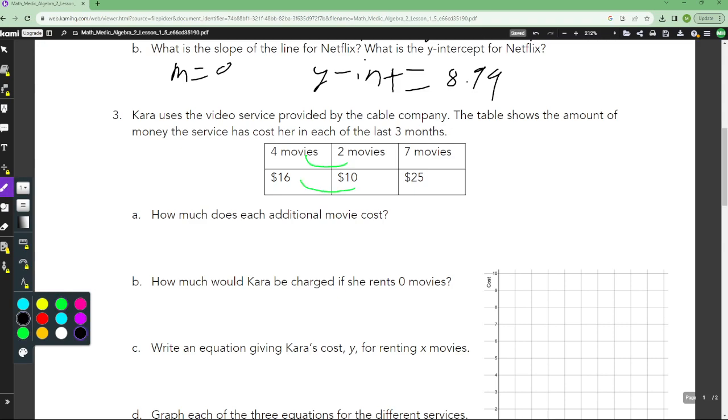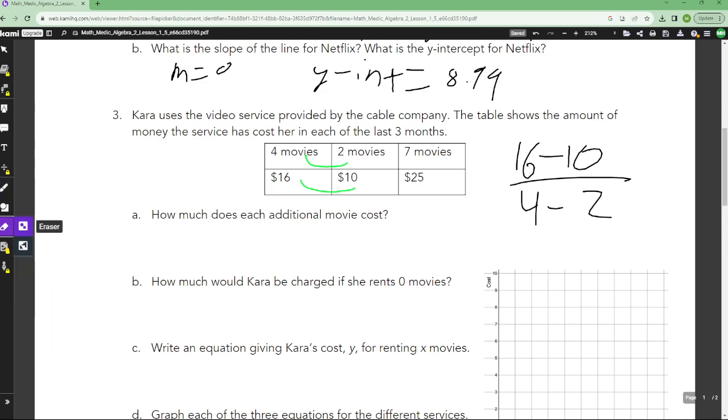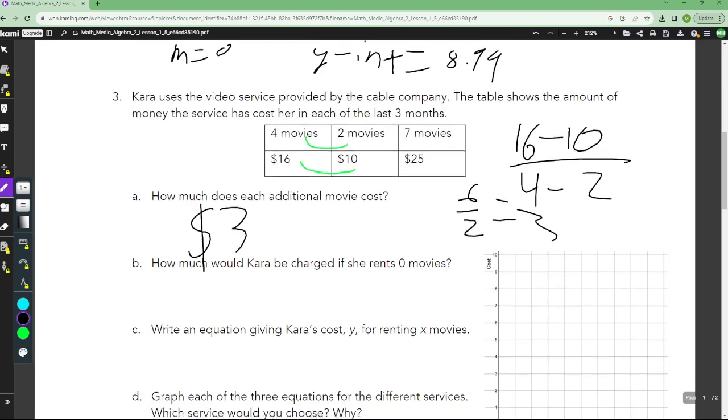We can treat the movies as x and the amount as y. So we can do 16 minus 10 over 4 minus 2, which we will get 6 over 2, which equals 3. So that means each additional movie costs $3.